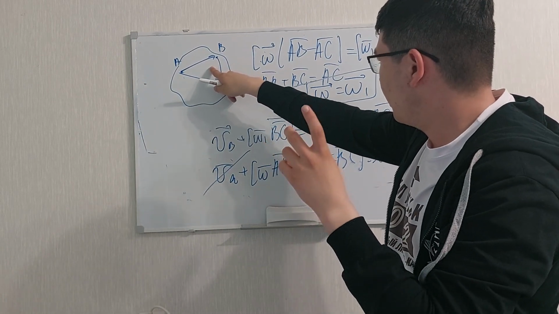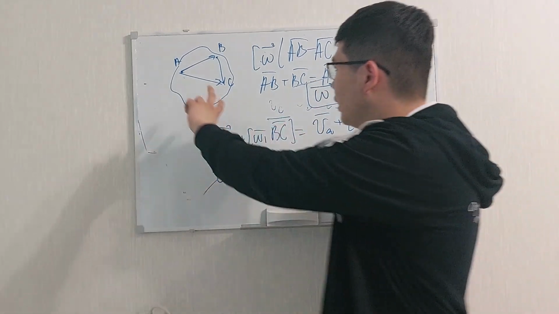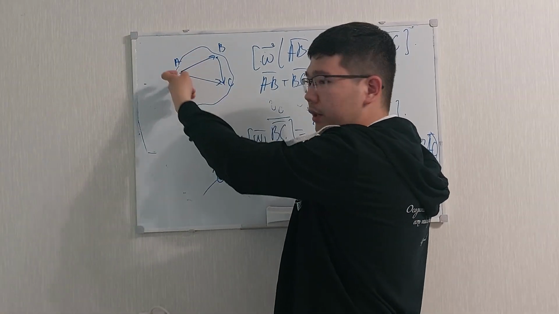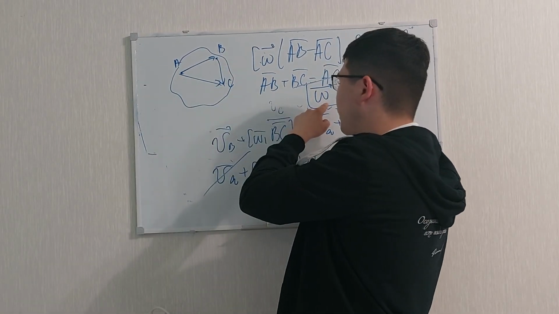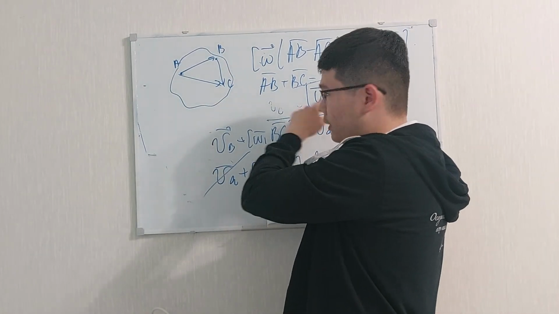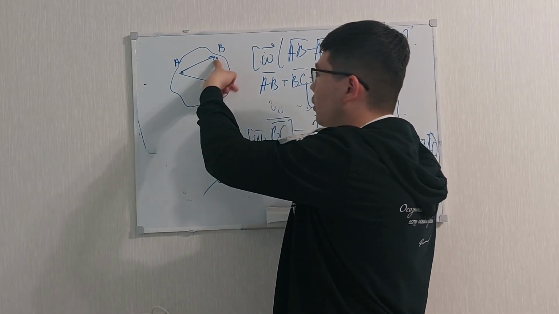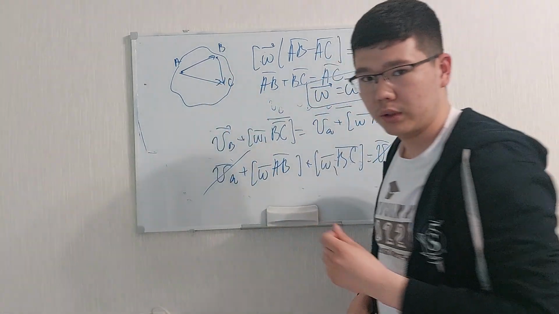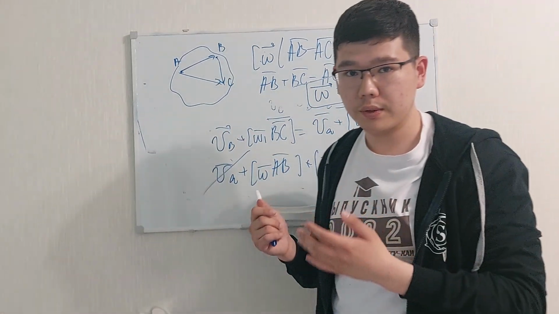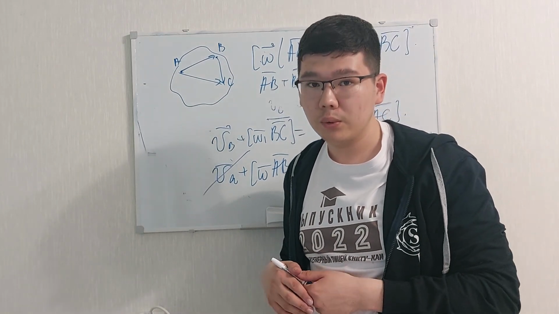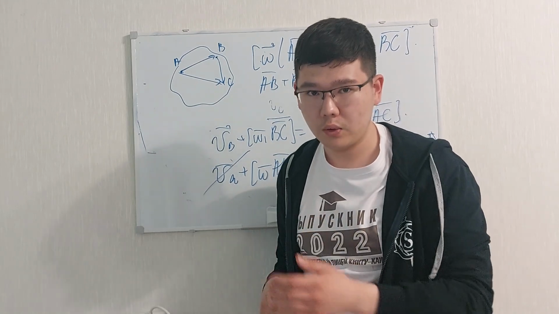So again, the vector of angular velocity relatively to A of any of the dots of our solid body will be the same as the vector of angular velocity relatively to the dot B if we study the motion of the dots of the solid body relatively to it. This is quite an interesting result that we may sometimes use when we solve different kinds of problems, especially concerning this topic.